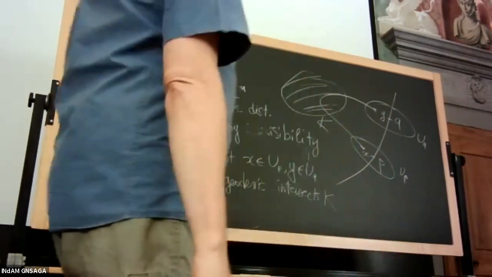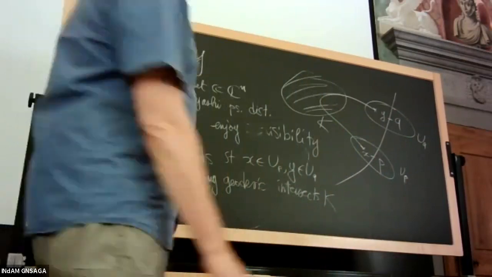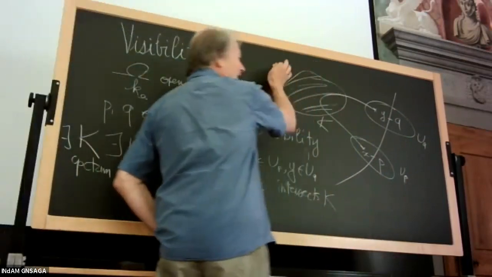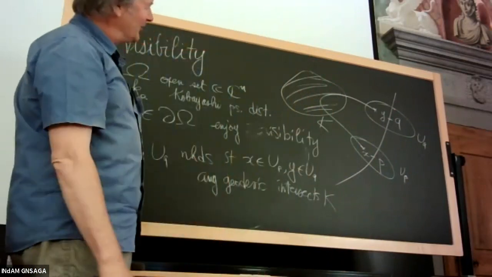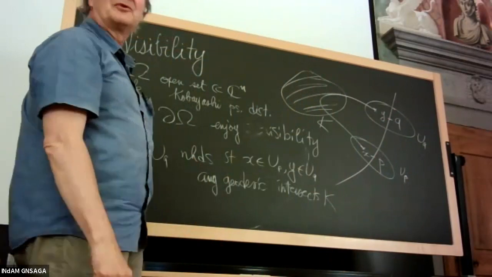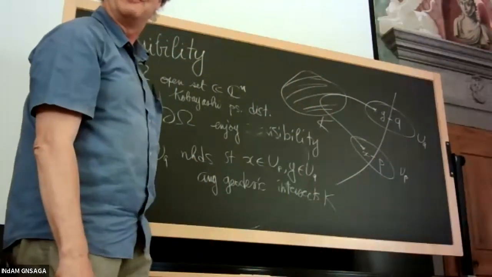And I guess it's called visibility because we are stuck inside omega, and we only see those geodesics that come close to us. So welcome to K.